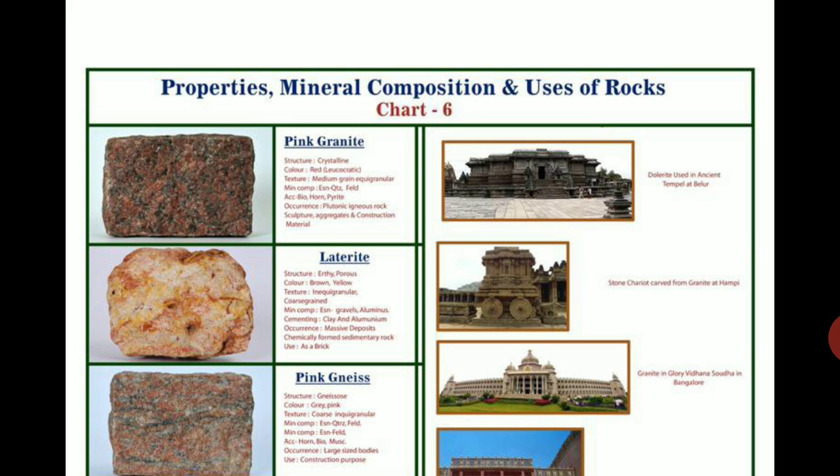The stone chariot and many temples are constructed with the granite at Hampi. And basalt is used in Gol Gumbaz at Bijapur. Bijapur Gol Gumbaz is one of the famous building structures in Karnataka. For the construction of Gol Gumbaz, basalt is used in Bijapur.